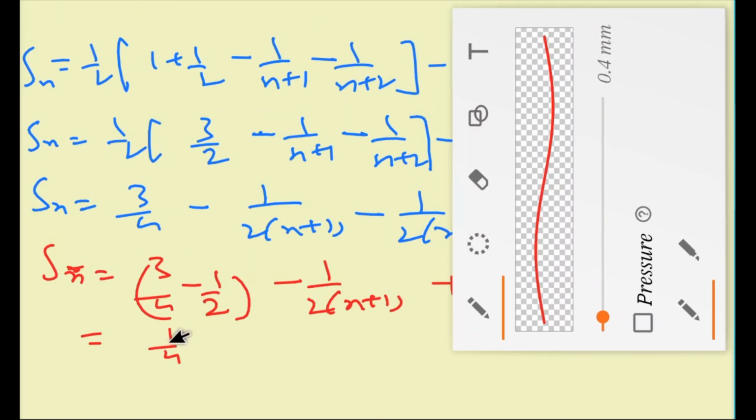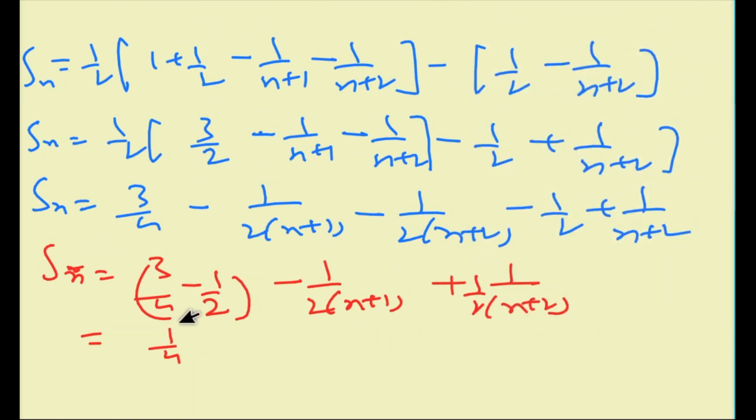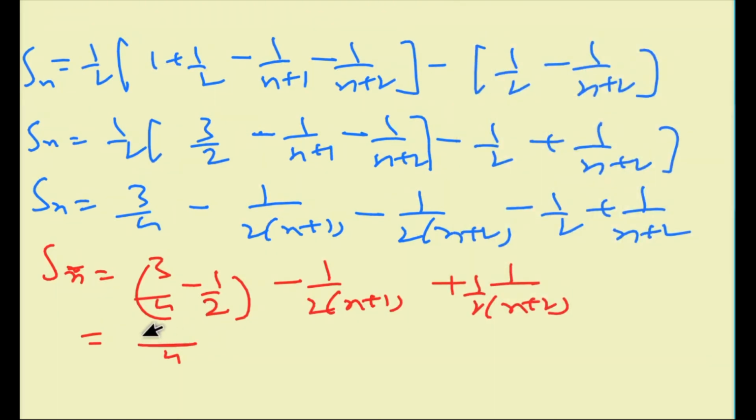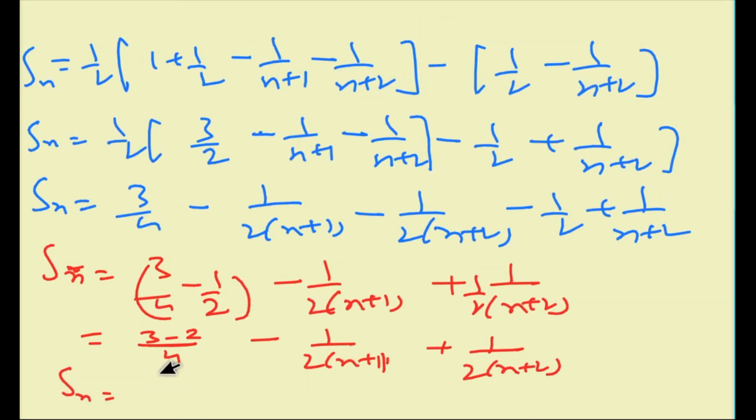Taking the 4 LCM here, we can find out 3 minus 2, so we get here 1 upon 2 n plus 1 plus 1 upon 2 n plus 2. So what is the answer for infinite? 1 by 4. And this way you can solve yourself, so that's no problem. How many steps there will be, this will be your answer.